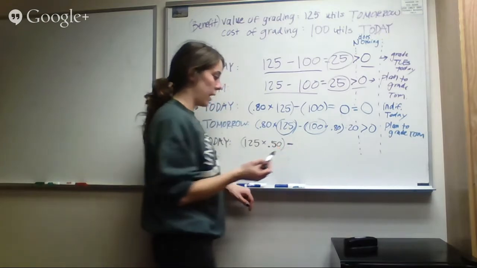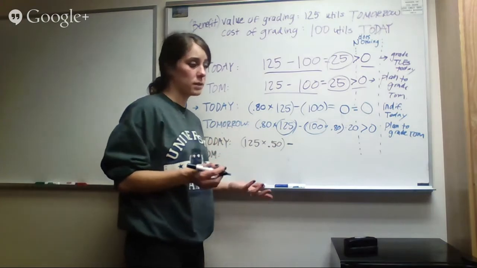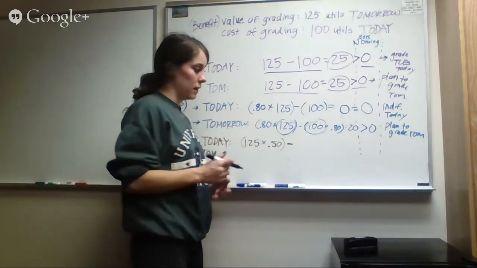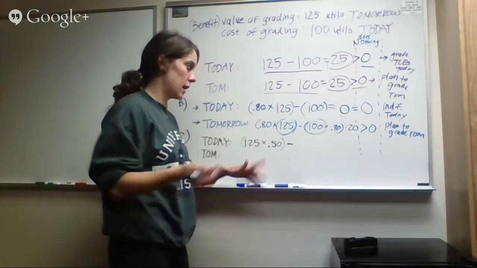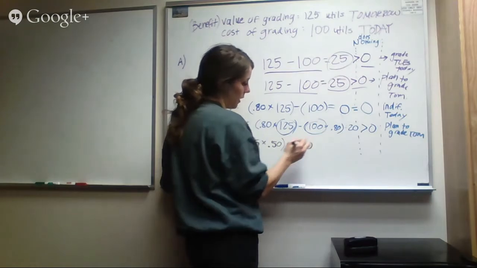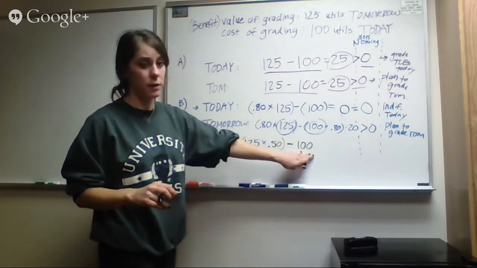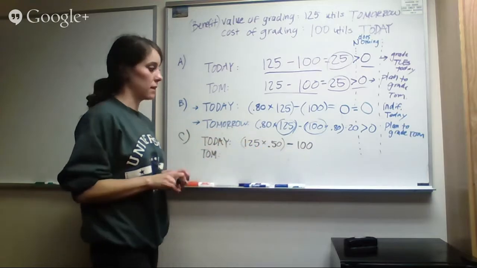And if I grade today, I have to pay 100 utils today because that's how much it's costing me. It's an inconvenience. I'd rather go exercise or go on a date or something. So he's still going to subtract the full cost for him today because he values his time today 100%.